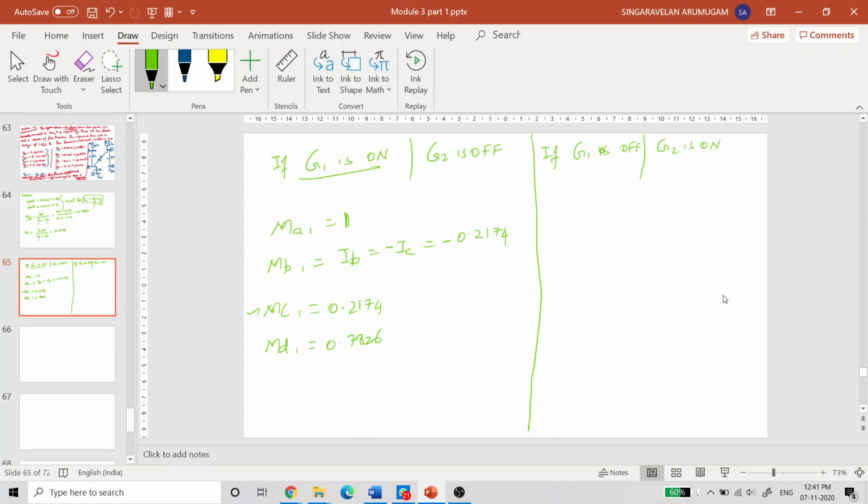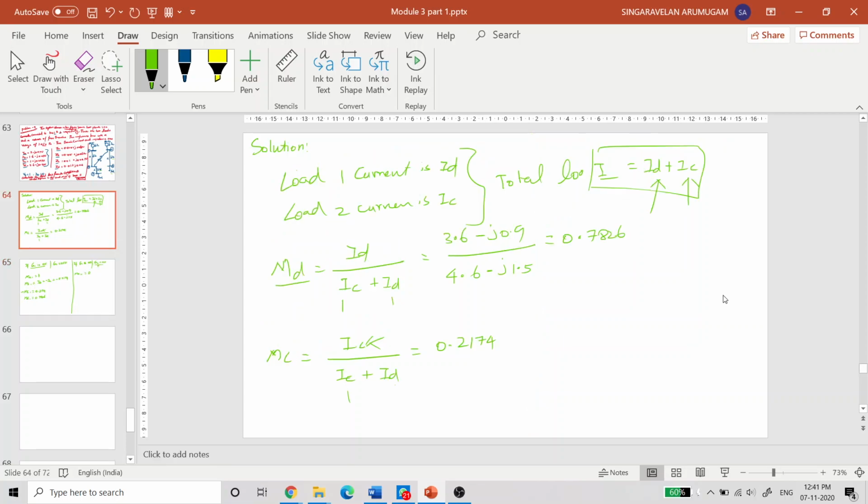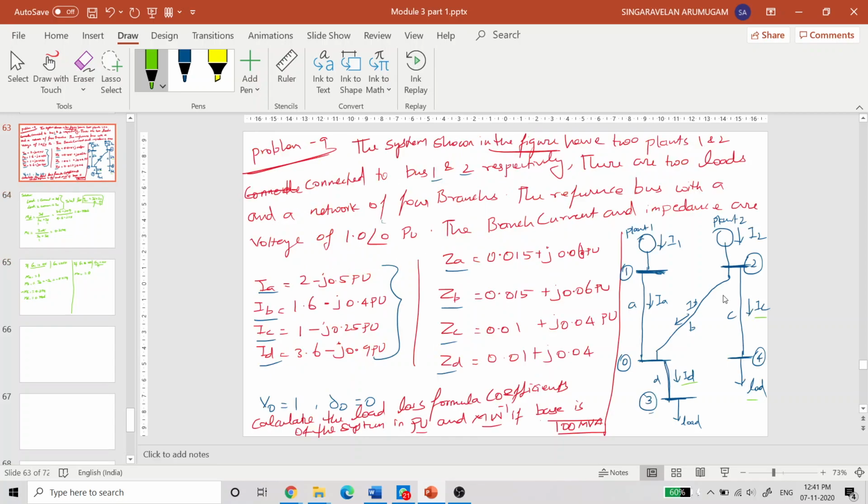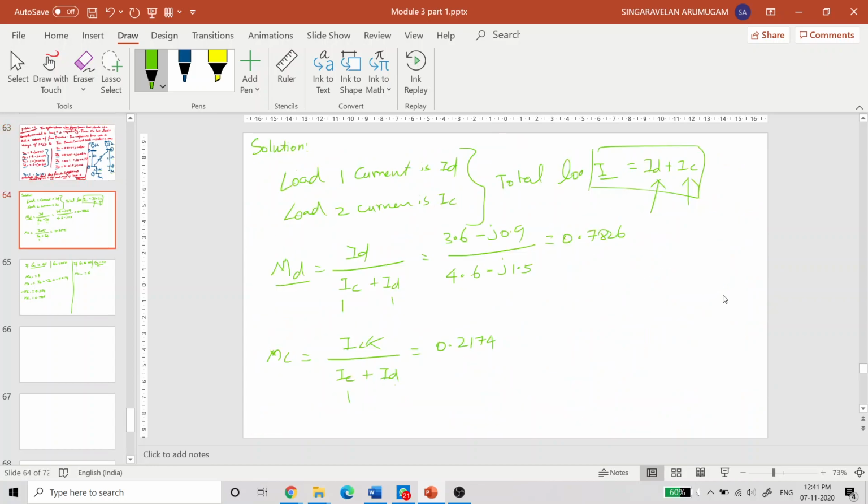And in the second case, this MA2 will be 0 because if only generator 2 is on, then as per the diagram they have given, there is no connection between 1 and 2. So individually it will operate, so obviously this MA will be 0.